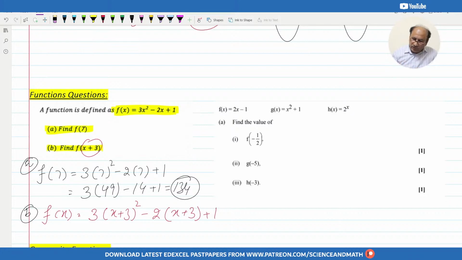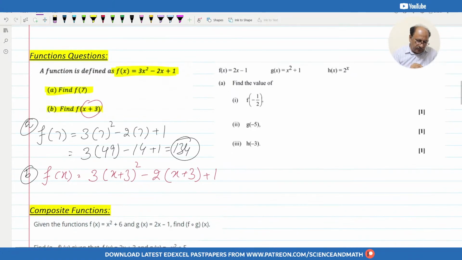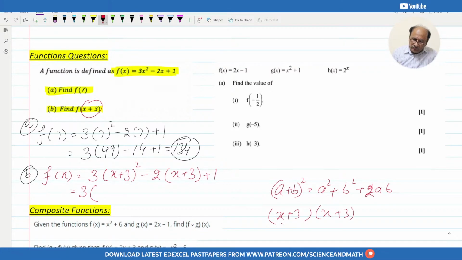Now we have to simplify, and for simplification we will be opening the square, and it will be 3 into, if we open this square you can apply the formula: a plus b whole squared is equal to a squared plus b squared plus 2ab. You can apply this formula, or you can multiply x plus 3 into x plus 3, whichever is convenient to you.